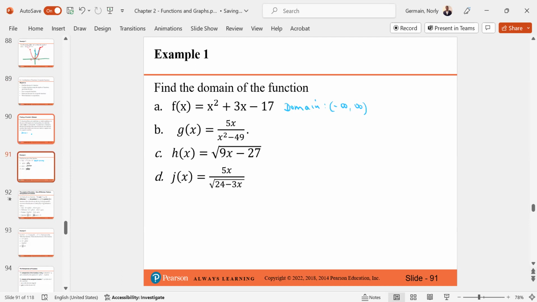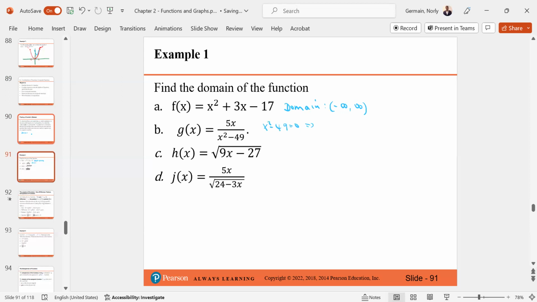That function, 5x over x squared minus 49, contains a division, and because division by 0 is undefined, we must exclude from the domain the values of x that cause the denominator x squared minus 49 to be 0. So we set the denominator equal to 0, x squared minus 49 equals 0, then we solve.